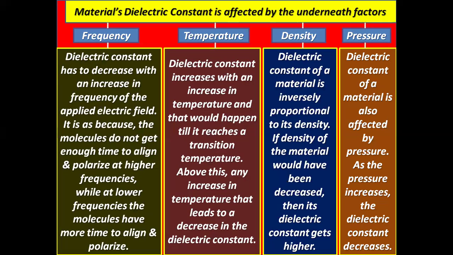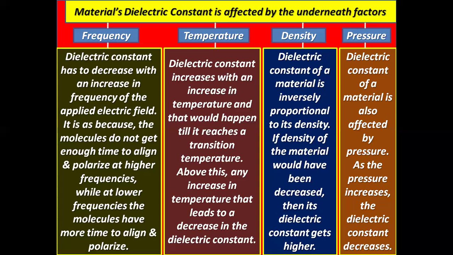A material's dielectric constant is affected by the following factors. First, frequency. The dielectric constant decreases with an increase in frequency of the applied electric field. It is because the molecules do not get enough time to align and polarize at higher frequencies, while at lower frequencies, the molecules have more time to align and polarize.